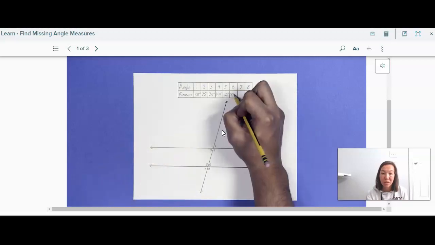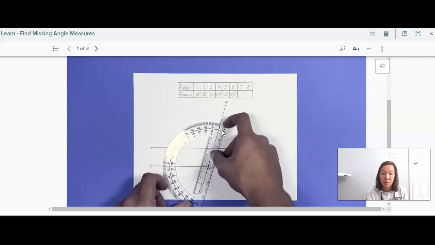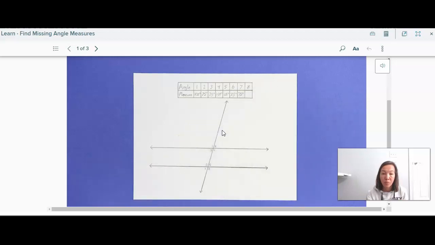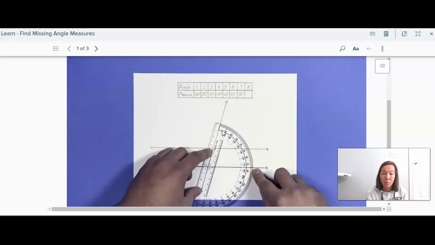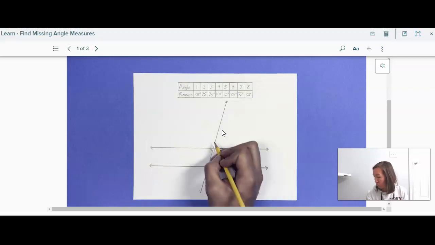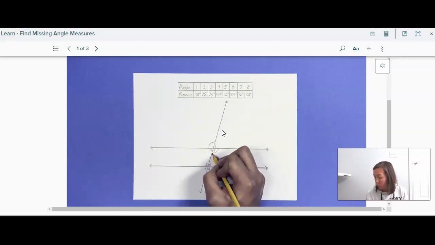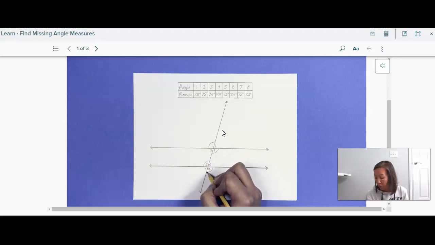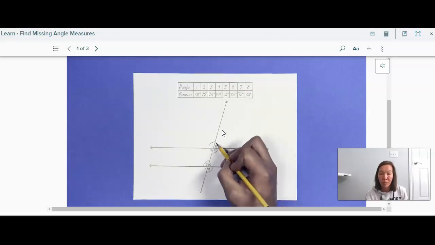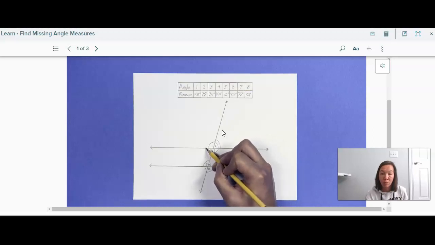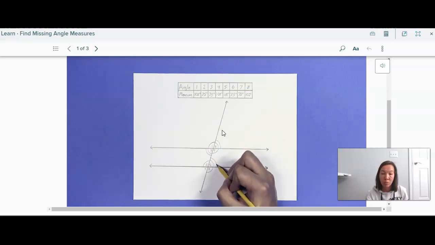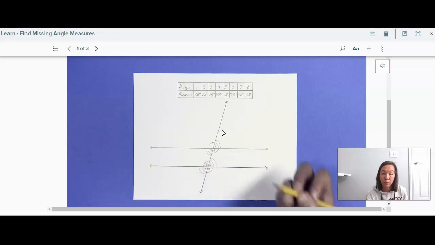Next, mark the angles that are congruent to angle 1. To indicate congruent angles. Mark the angles that are congruent to angle 2. Use 2 arcs to show that these angles are congruent.